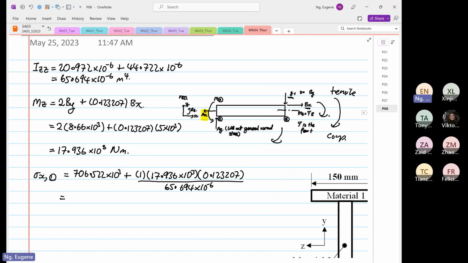Okay, so this will be equal to 17.936 times 10 to the power 3 times 123.207 over 65.694 times 10 to the power minus 6, plus 706.522 times 10 to the power 3, which is equal to 34.345 times 10 to the power 6 Pascal.